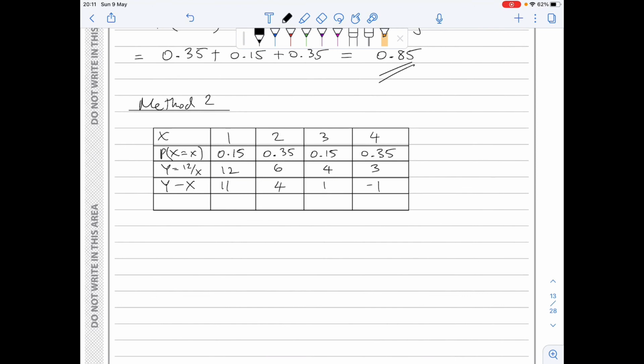And I need the values of y minus x being less than or equal to 4. So these three are the values that I want, with probabilities 0.35, 0.15, and 0.35. So probability y minus x less than or equal to 4 is equal to 0.35 plus 0.15 plus 0.35, which is equal to 0.85 as before.